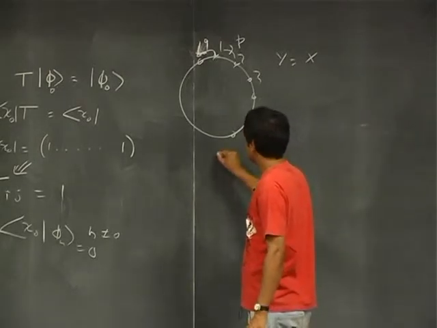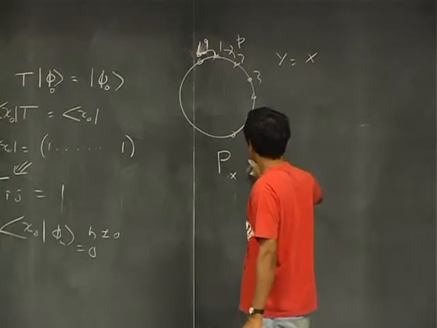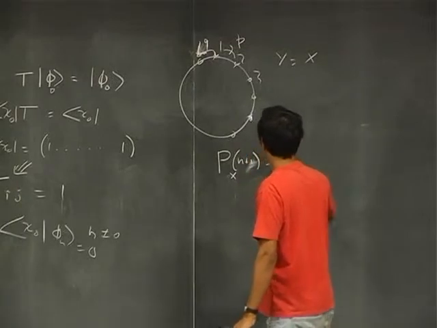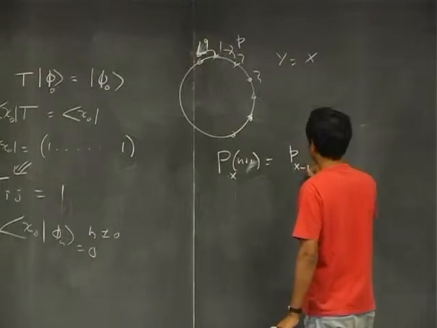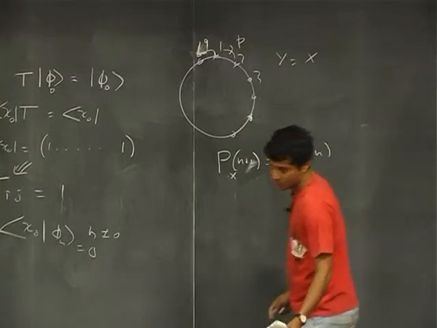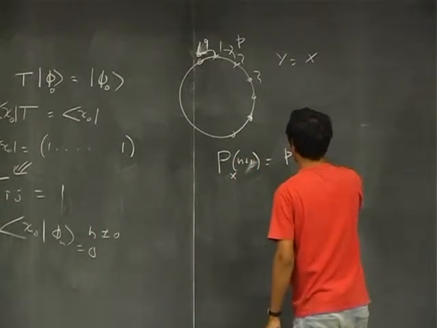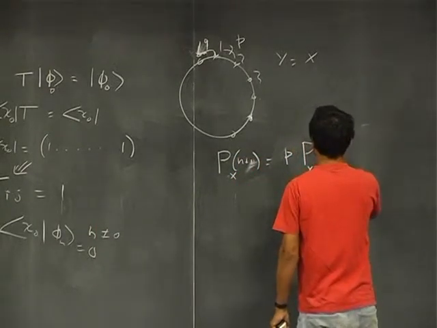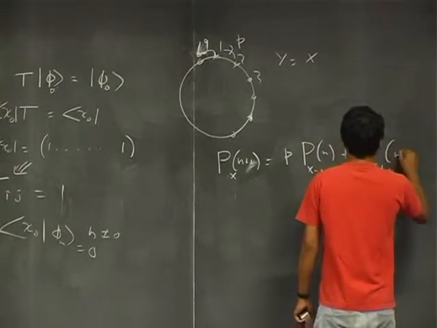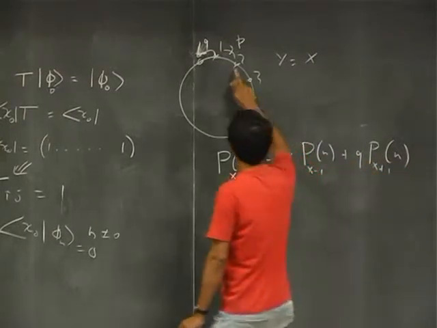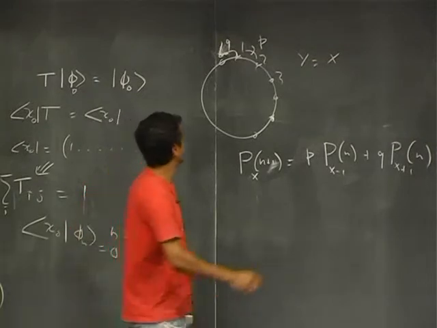Okay, so earlier we wrote this equation for p of x. Let's also put a probability that the particle sits at a point, with probability 1 minus p minus q.